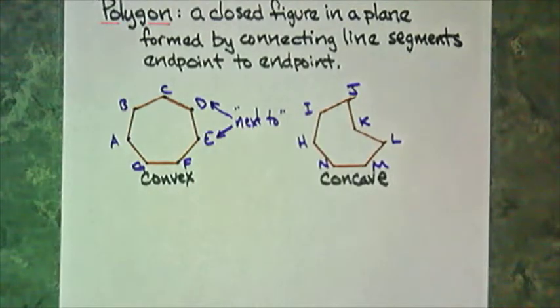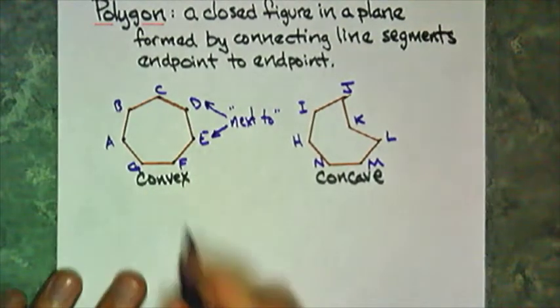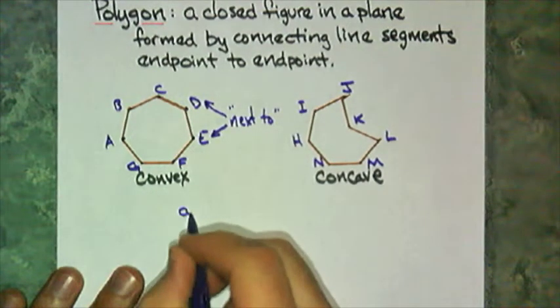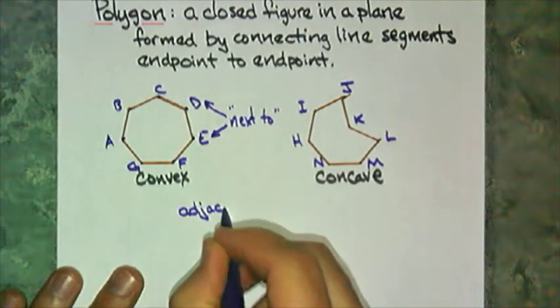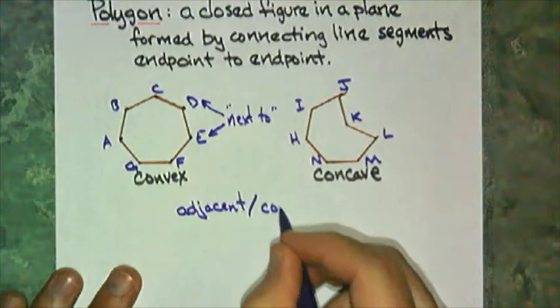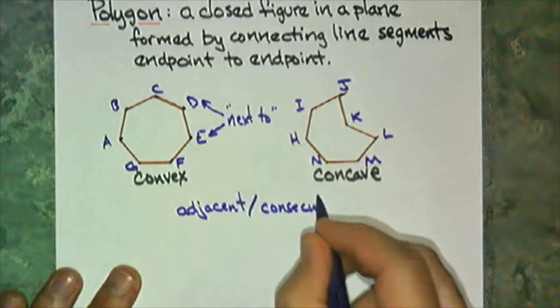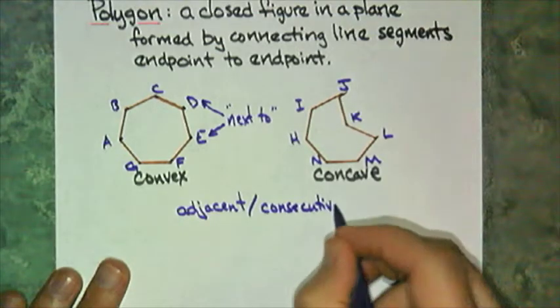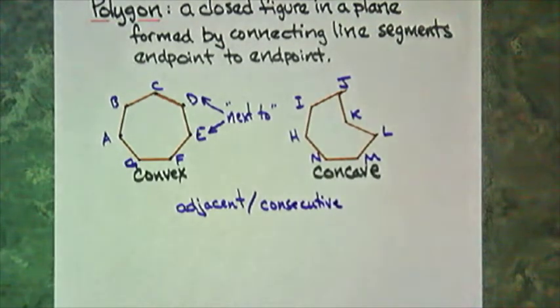The word for next to in mathematics, there's actually 2 words. One of those words is adjacent. Another word would be consecutive. I use those interchangeably. Adjacent means next to.